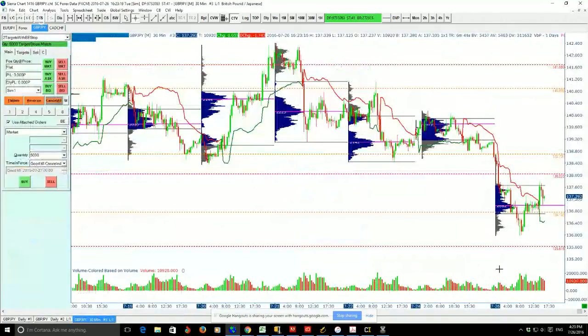What I was initially looking for was it came down to this low value node, and on this chart my monthly high value nodes are, my weekly high value nodes are in orange. So it came down to this area.